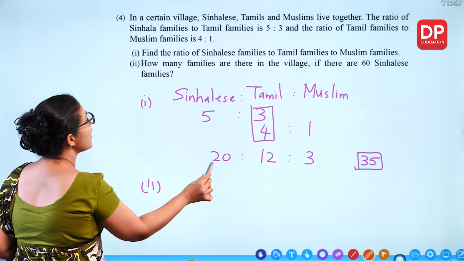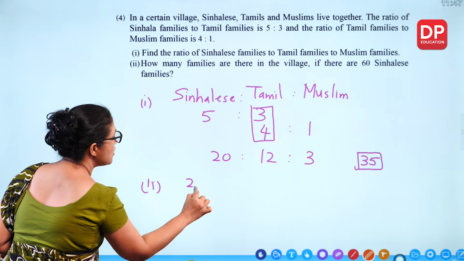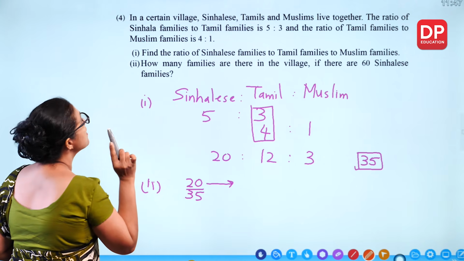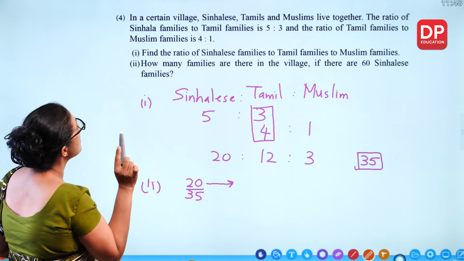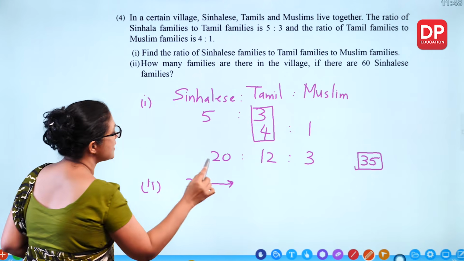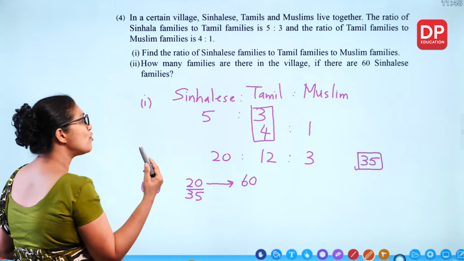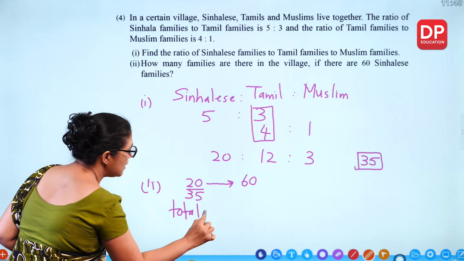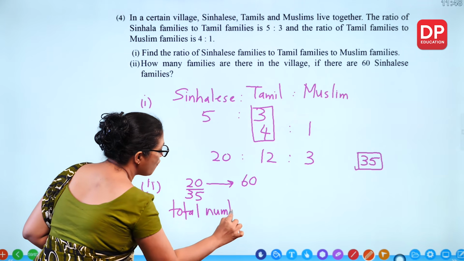Altogether, as a fraction, this is 20 over 35. This means how many Sinhalese are there? It says 60. So how do you find the total number of families?